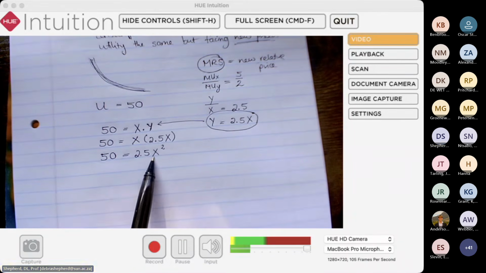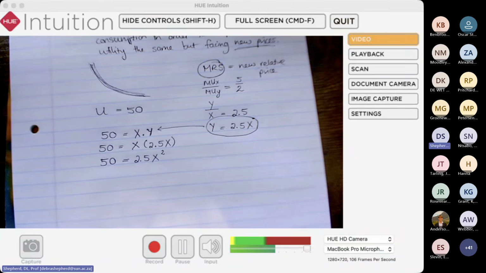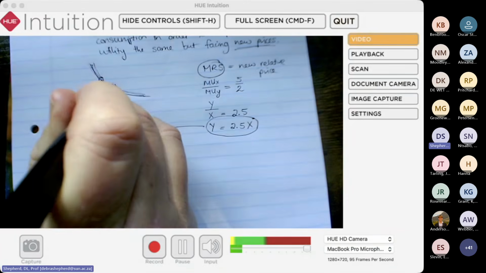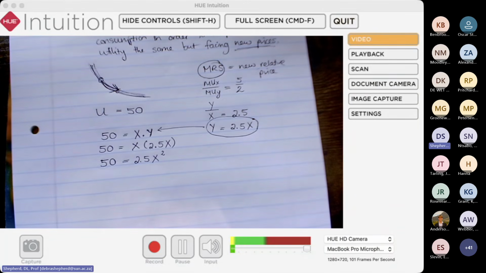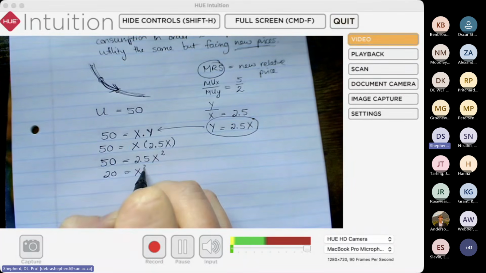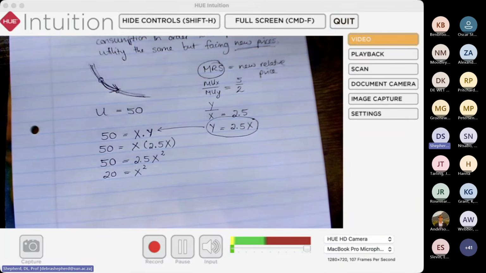And now I can solve for the value of x when we make that substitution, when we move along the indifference curve, trying to maintain the same level of utility. So I would divide both sides by 2.5. I'd get 20 is equal to x squared, which means I then have to take the square root of 20 in order to find the value of x at the end of that substitution effect.